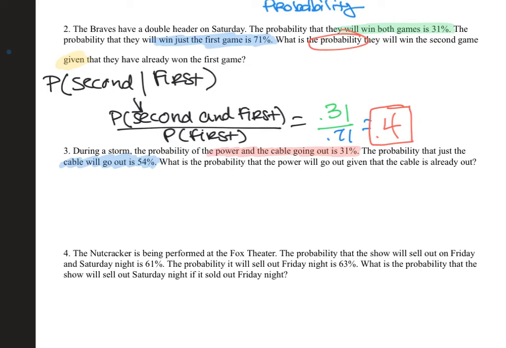What is the probability that the power will go out given that the cable is already out? I know that this is a given statement, so it's going to be the probability the power will go out given that the cable is out.